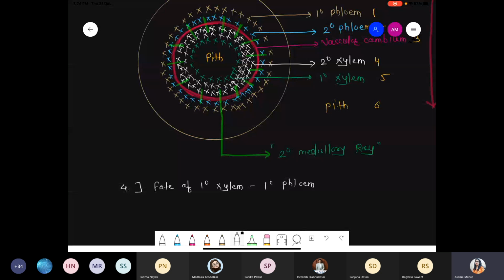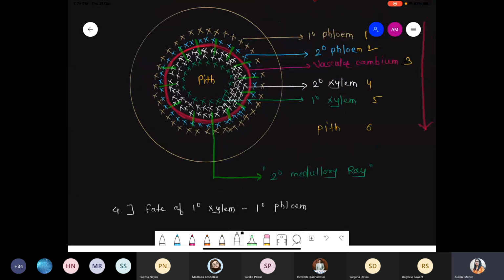If you see the exact position, near the secondary phloem the primary phloem is present, and you know very well, primary phloem means these are part of the primary growth. They are delicate as compared to secondary phloem, or we say these are less active. Similarly, secondary xylem is more active because they get divided 8 to 10 times more. So now what happened?